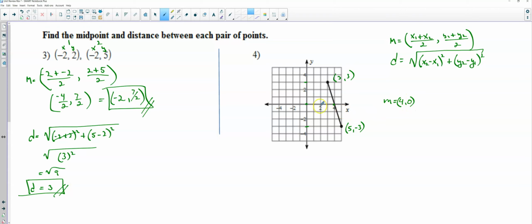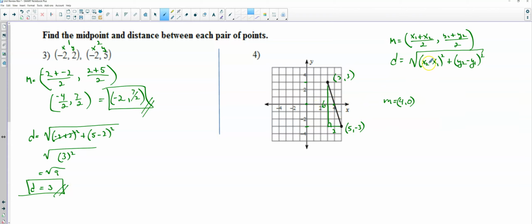Wow. And what is the distance? Notice that I'm going to make a little triangle right here. And then I'm going to use the Pythagorean theorem. Or you could just use the distance formula. Either way is fine, okay? If this is 1, 2, and this is 1, 2, 3, 4, 5, 6, this is 6. So I could use the Pythagorean theorem or I could use the distance formula.